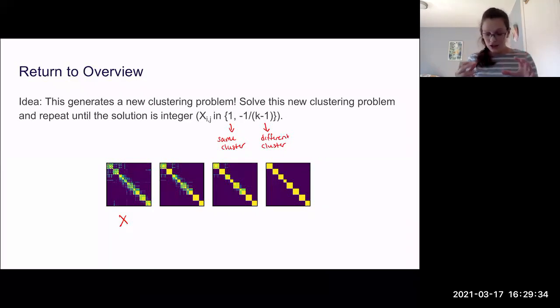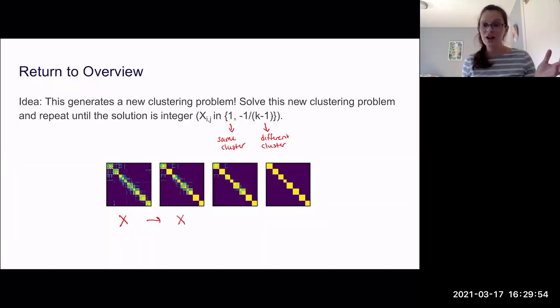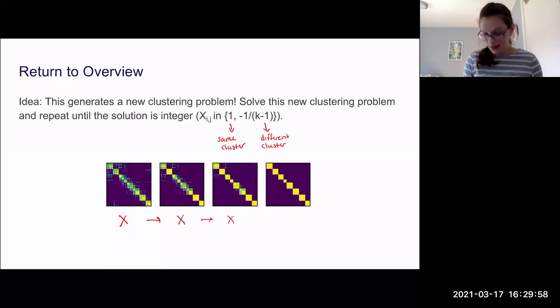You can see that structure, but you also see these greenish points, and it's still a little bit fuzzy about how it would be rounded. And so if we take those new vector distances to inform a new clustering problem, this is what we get on the second round. And it looks a little bit more like a block structure. So it looks a little bit more like an integer solution, and so on.